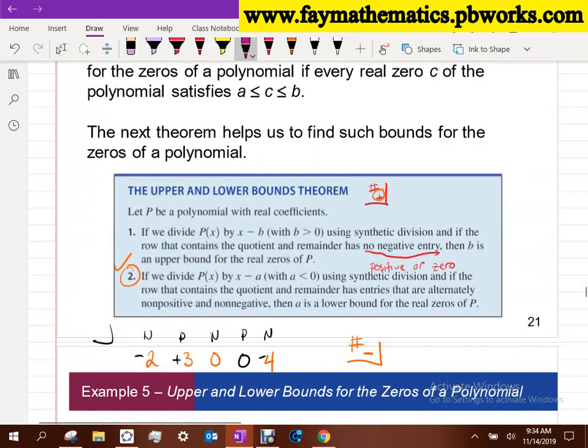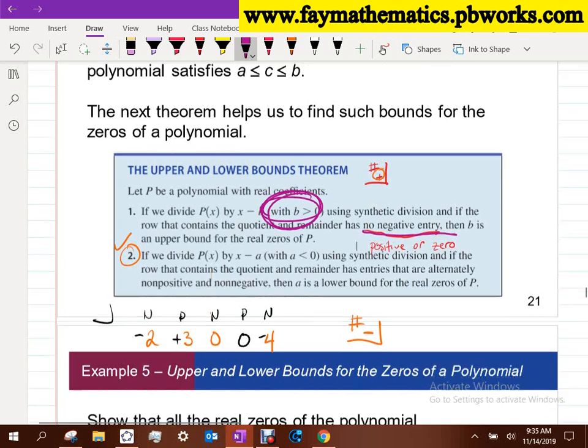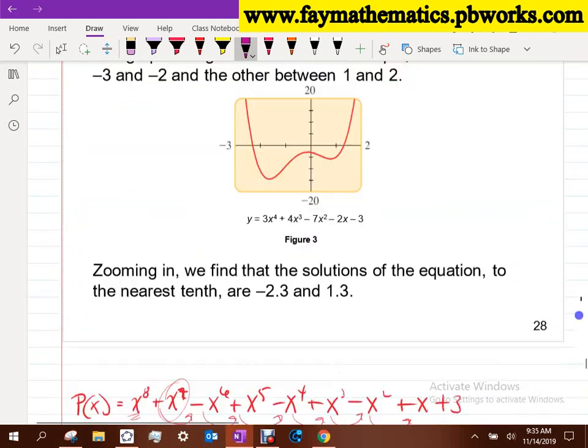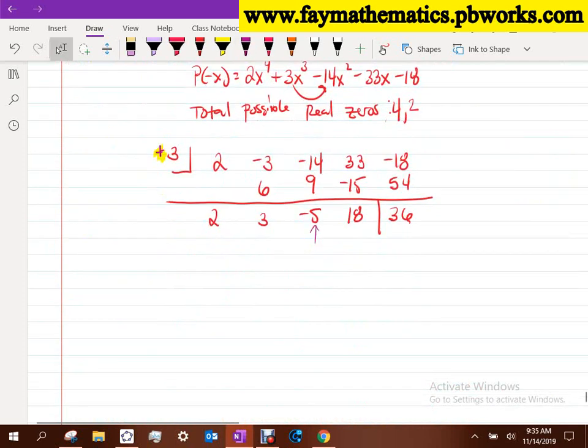It said if you divide by a positive number and your quotient line has no negative entry, then that thing you divided by is an upper bound, meaning there are no zeros above that. Does that make sense? So 3, through this multiplication here, doesn't lead me to that information.